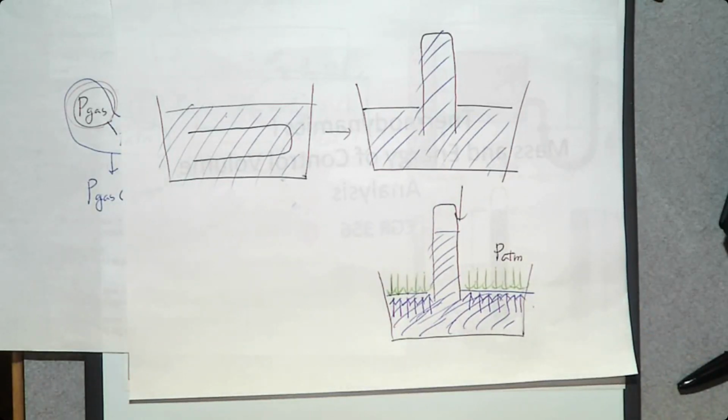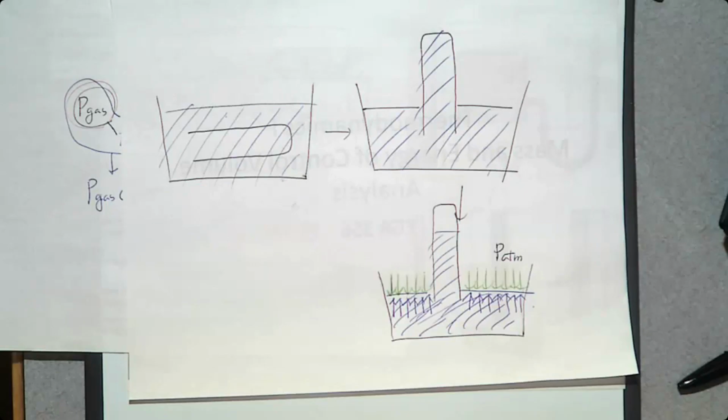If you compare this atmospheric pressure and the water pressure on this inner face, which one is greater than the other? Air pressure, water pressure, or they are the same? They should be the same.